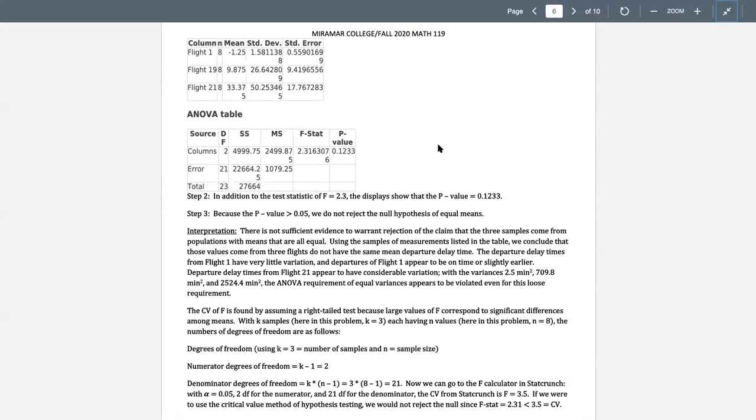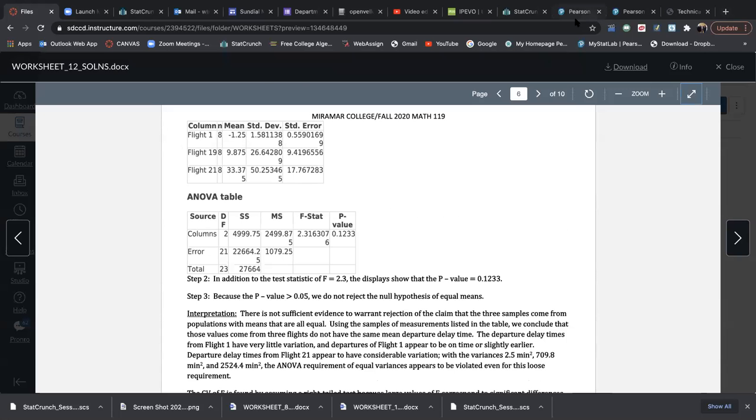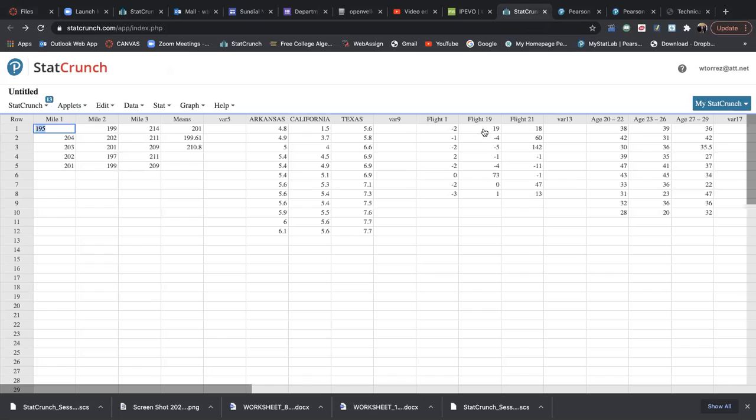when we go back to StatCrunch, you'll see the data listed there. And if I do my F-stat test using, again, Stat, one-way ANOVA, and choosing my columns, we have time. Let's do that one more time, okay? Here are the flight data, okay?